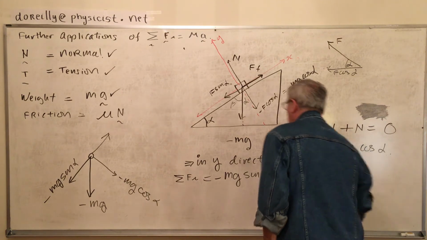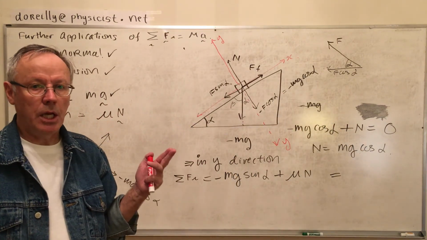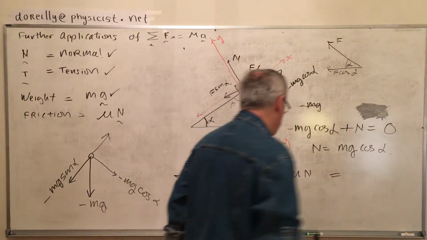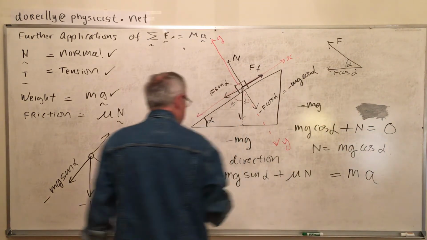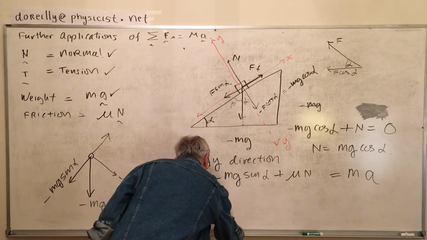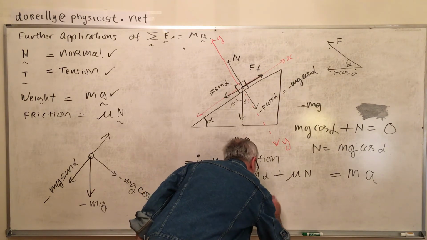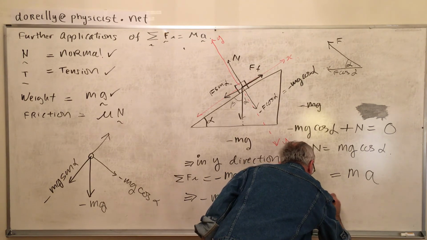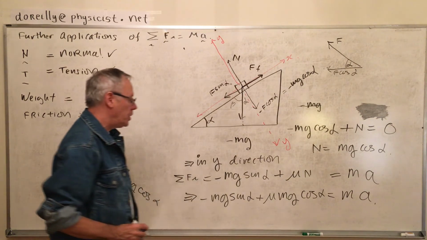Now, the motion is not constrained in this direction. There could be an acceleration, right? We could be moving at constant speed, or there could be a net acceleration. So we have to say, the sum of these forces is ma. So let's see what they are. So I can find the acceleration.